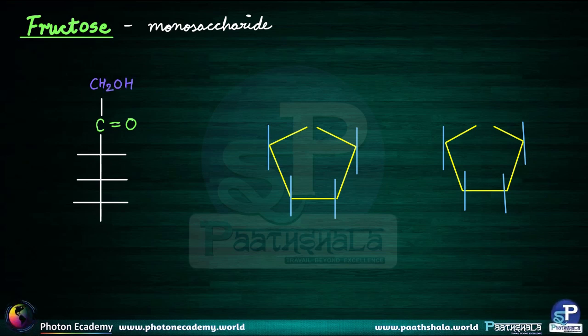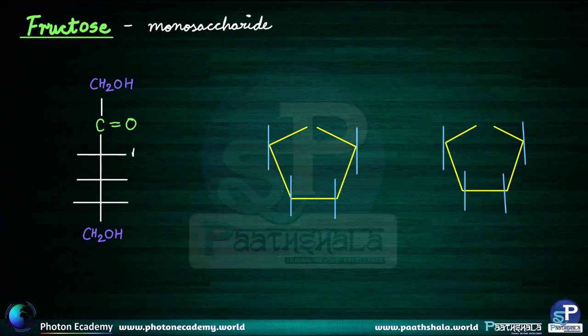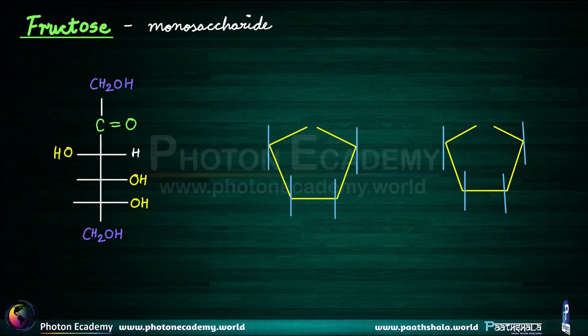Also, please note that at the bottom we also have a CH2OH, and next we have to fulfill these three valencies with OH and H. We know that leaving aside the first chiral carbon, the rest of them will have OH on the right. So let us draw OH on the right, and the first OH is on the left hand side. The rest of the valencies are satisfied with hydrogen.